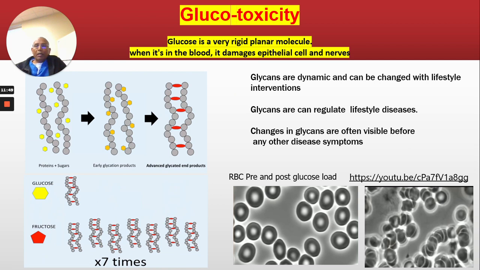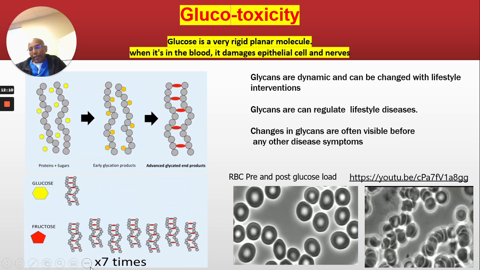Proteins and sugars, when they combine, form early glycation products, which go on to become advanced glycation end products, AGEs. And the problem with this is that if glucose is the problem, fructose is 7 times worse.